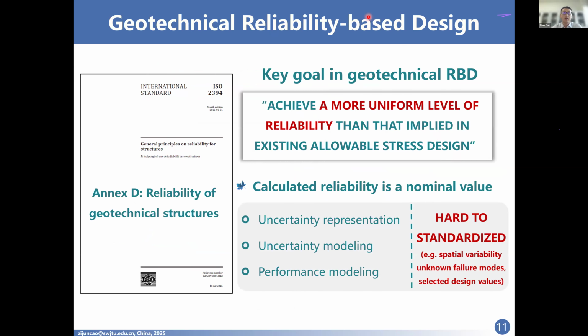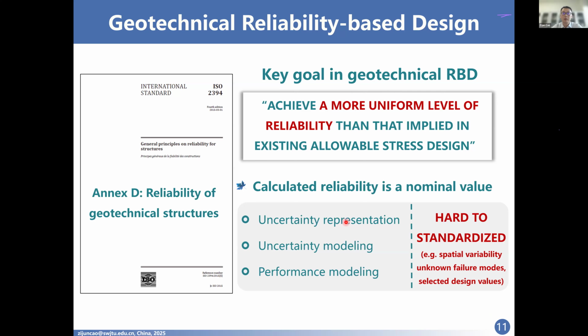As stated in Annex D of ISO 2394, the key goal of geotechnical RBD is to achieve a more uniform level of reliability than that implied in existing allowable stress design. This is very challenging, at least partially because the calculated reliability is a nominal value.